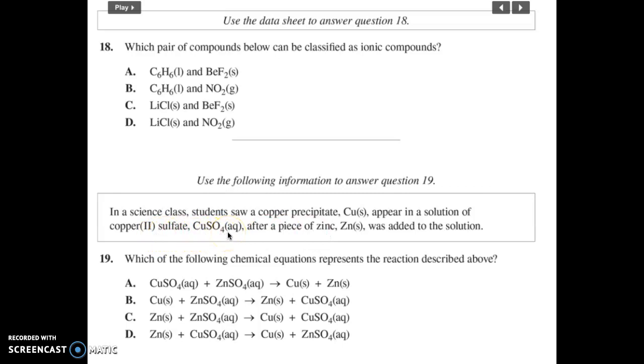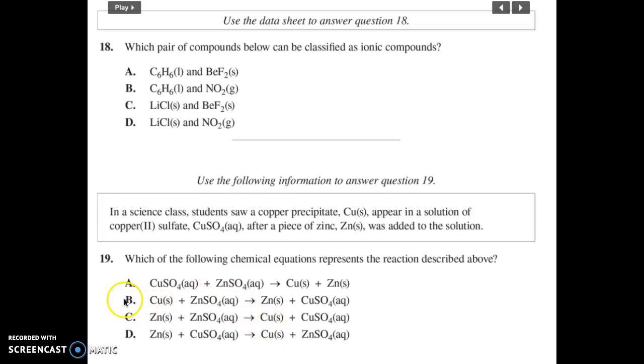So you're just trying to write out the equation based on the words. Okay, so they see a copper precipitate. That's what's produced, so that needs to be on the product side. These are reactants, these are products. And this isn't math, so there's no equals. This is reacts to form.